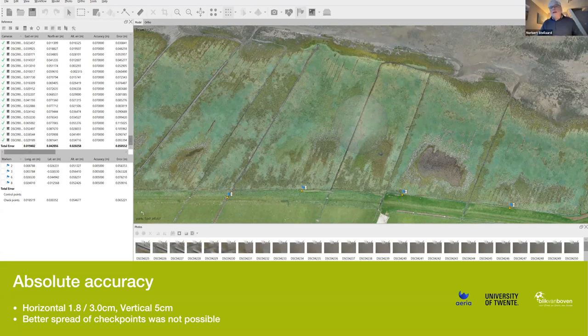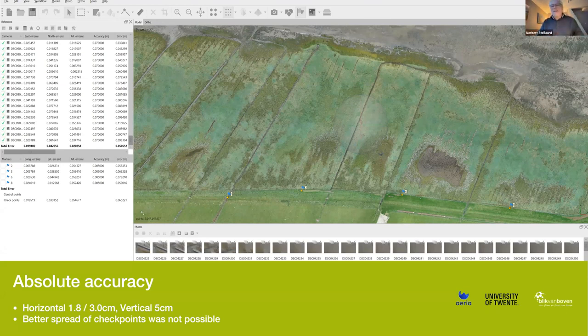For these checkpoints, you know the exact position. If you have your model on top of it, then you can see what the error is on the position of my checkpoint in my picture related to the real world position. Of course, they have to be in the same data format, otherwise you can't do that.